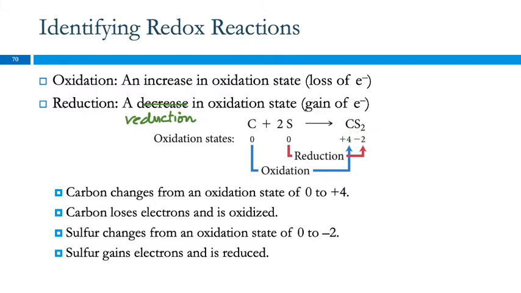So sulfur gets what it wants. It wants -2. And then this is a neutral compound, and so the carbon must be +4. Then we can see that the carbon went from 0 to +4. It went up in oxidation number. That's oxidation. The sulfur went from 0 to -2. That's going down. That's a reduction. Any questions?